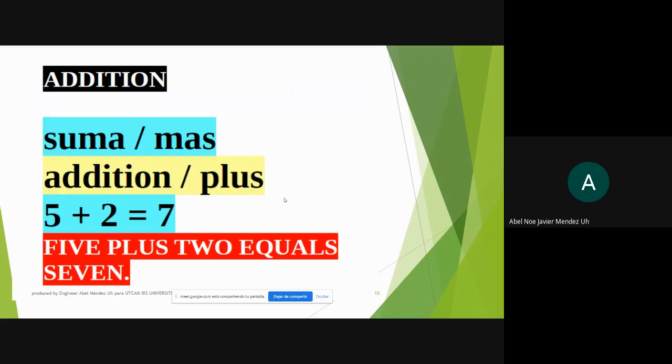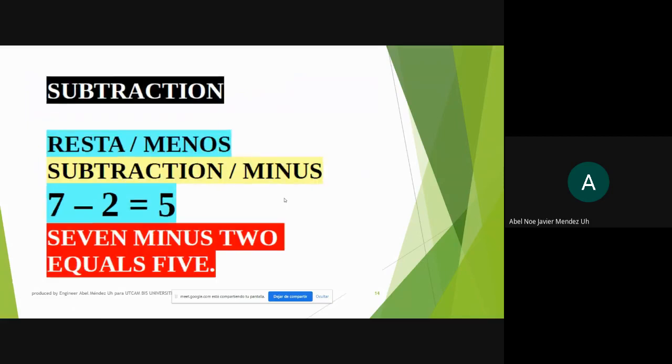We can use both forms. 5 plus 2 equals 7, or 5 plus 2 equals to 7, okay? Is the correct form to read the addition that we have here.